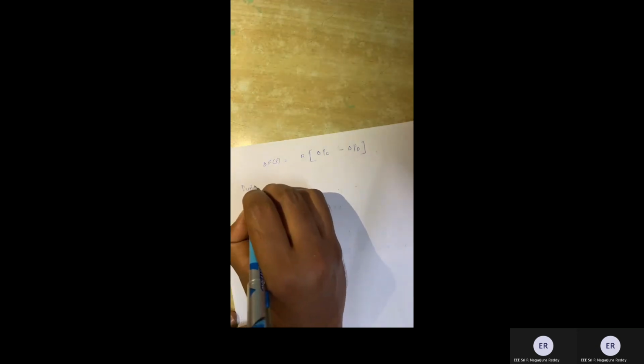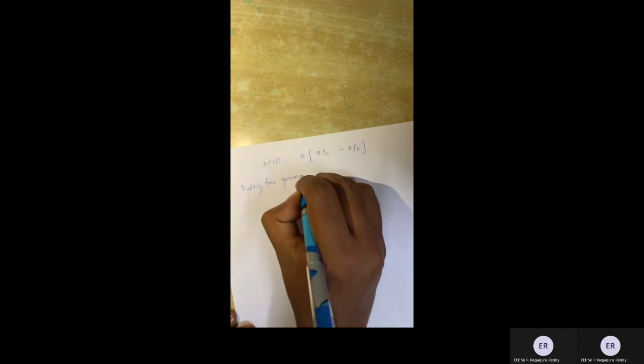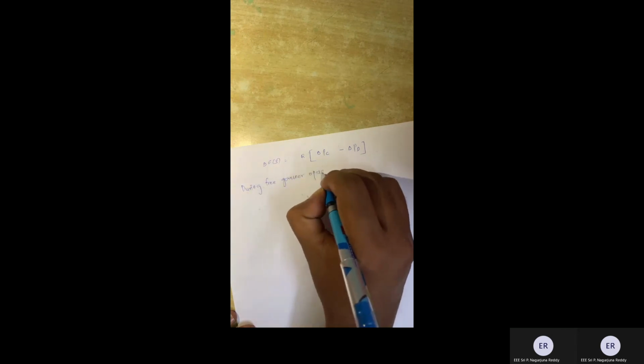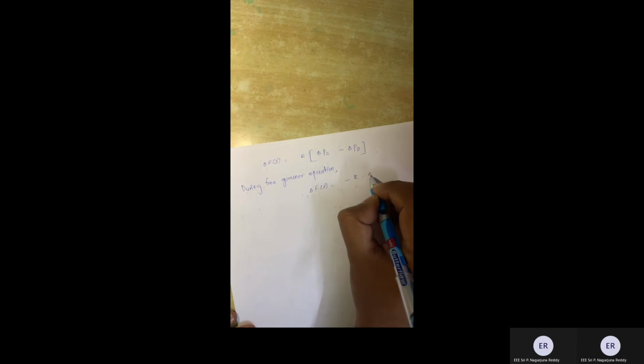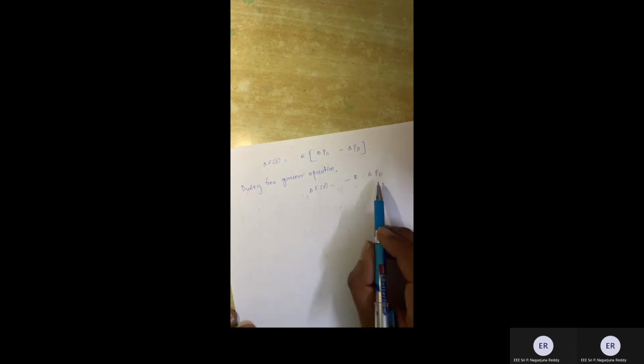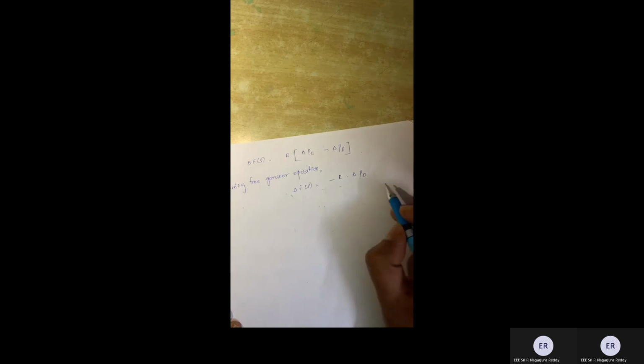During free governor operation, delta f of s is equal to minus R into delta PD. This is a change in demand. This is a change in frequency. So how will it be?